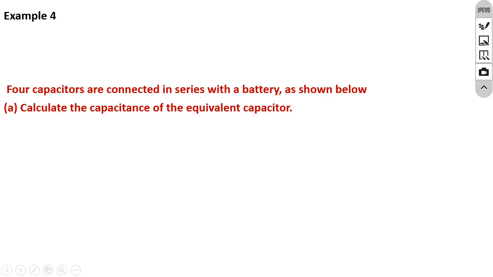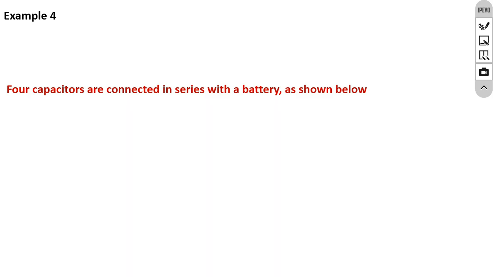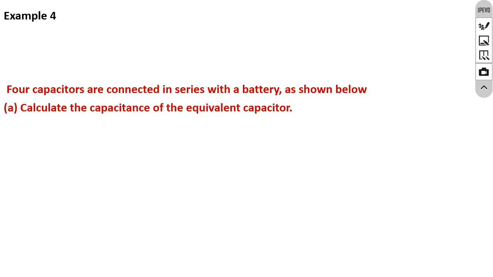Example 4. This one says 4 capacitors are connected in series with a battery as shown below. So at the end of the question, you see the figure. Calculate the capacitance of the equivalent capacitor.